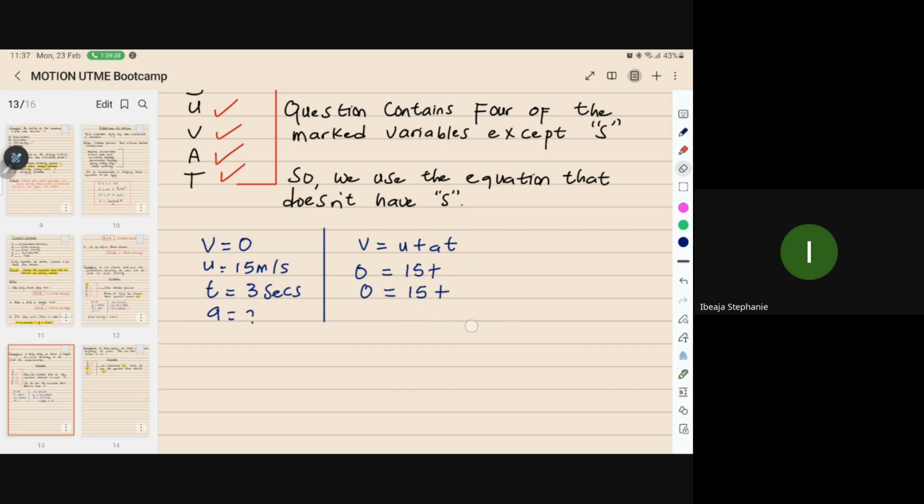Wow. Don't make this kind of mistake in the exam hall. So this is 3A. So this is minus 15 is equal to 3A. So we divide both sides.